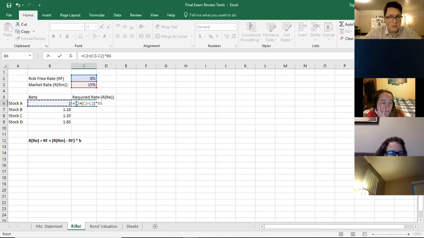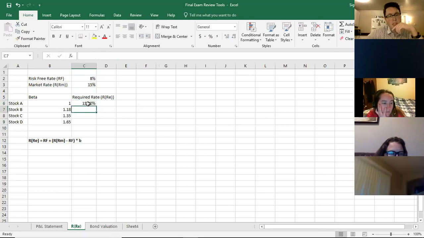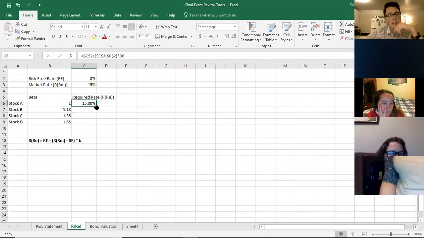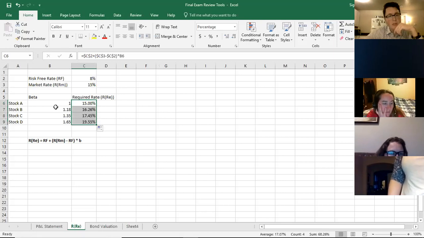And you're going to want to put dollar signs in front of these numbers. You can put them in manually, or you can press F4. I think on a Mac you have to hit Command F4 or something like that. That gives me the percent, the rate that I'm going to get. And now that I've locked those formulas, I can just drag this down and it will use the new beta.